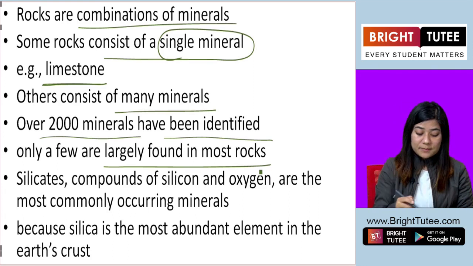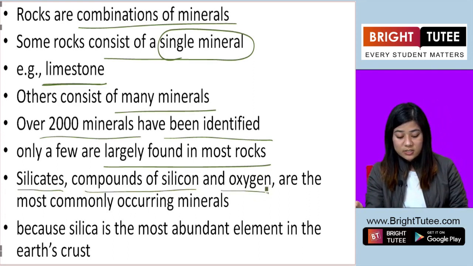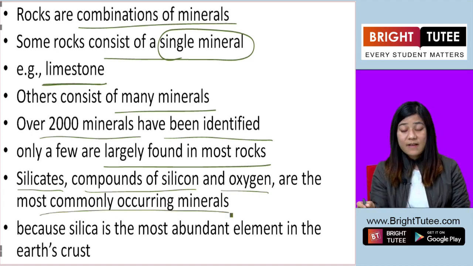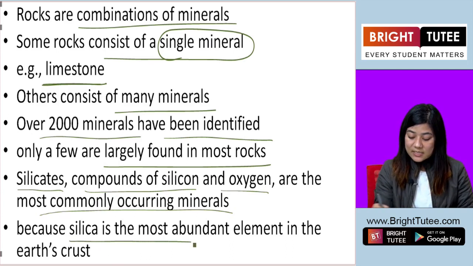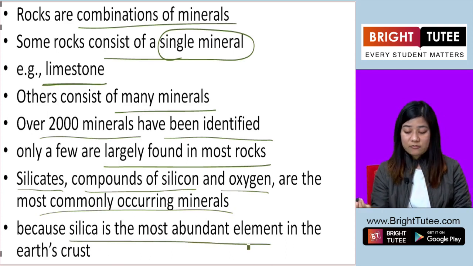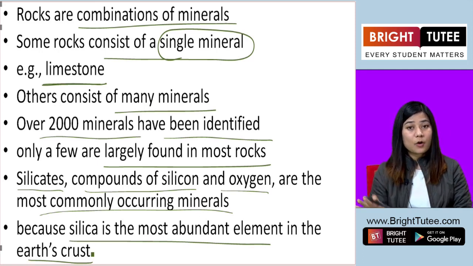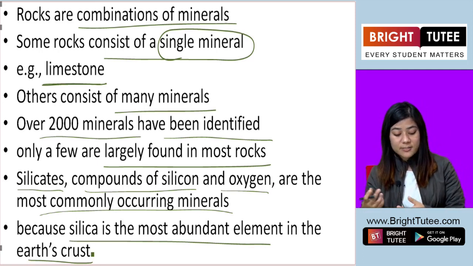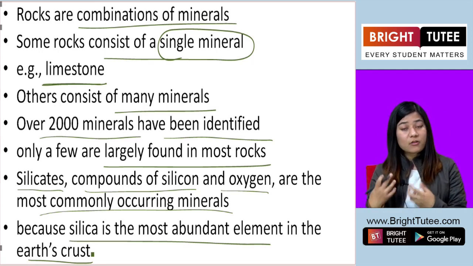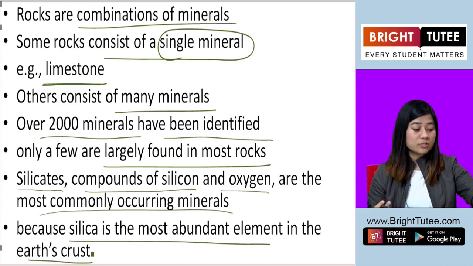Now, some of them are silicates, compounds of silicon and oxygen, which are most commonly found in minerals, because silica is the most abundantly found element in the Earth's crust. So silica is commonly found. That is why in most of the rocks that are found, we find the presence of silicates and compounds of silicon and oxygen.